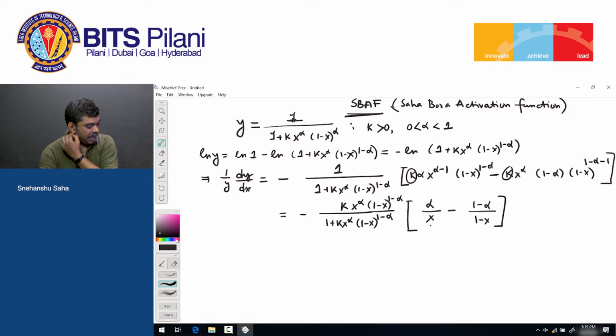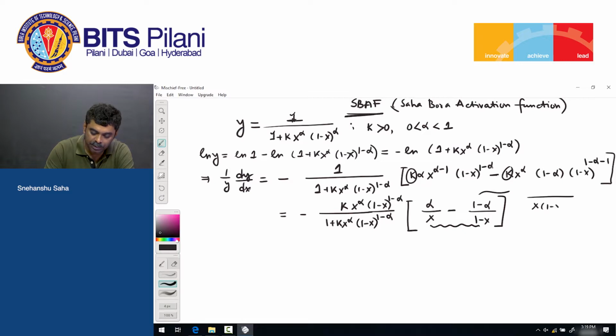Now without touching the left hand side, I can just simplify this part. If I do that, it's x times 1 minus x, alpha times 1 minus x minus 1 minus alpha times x.